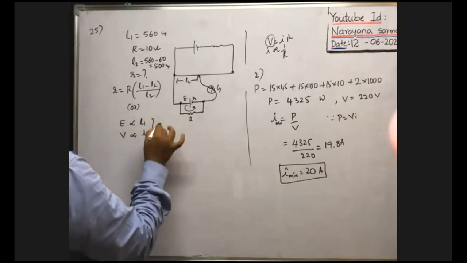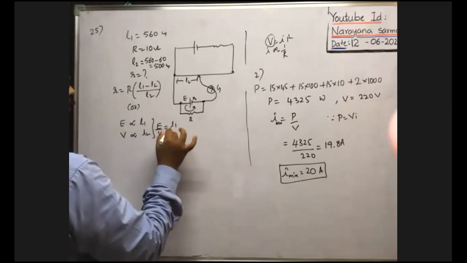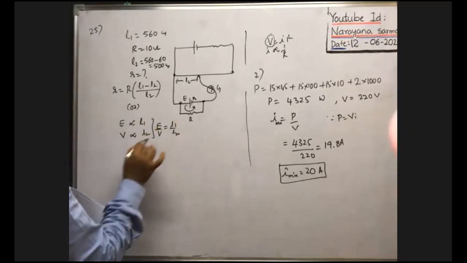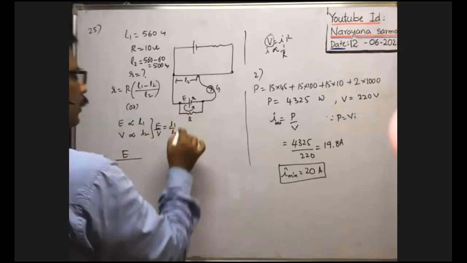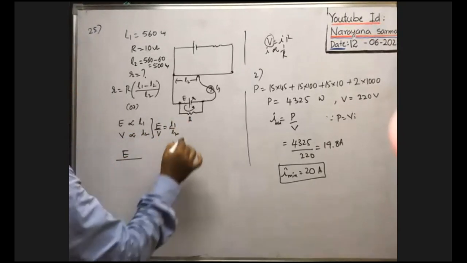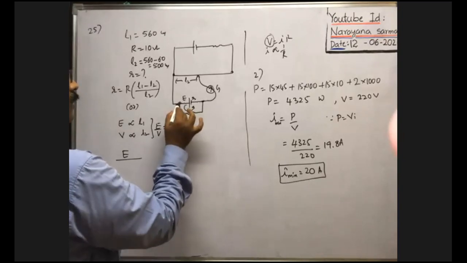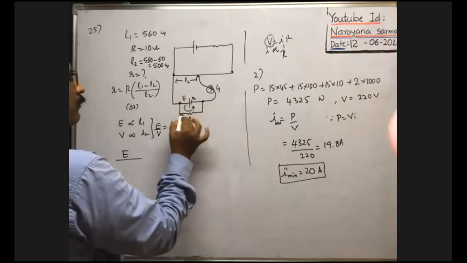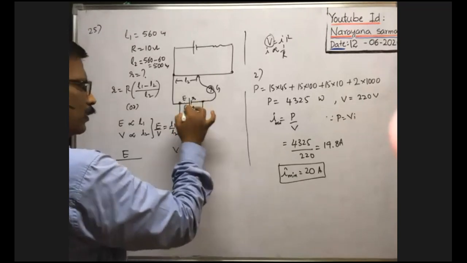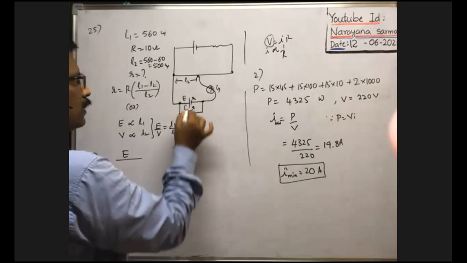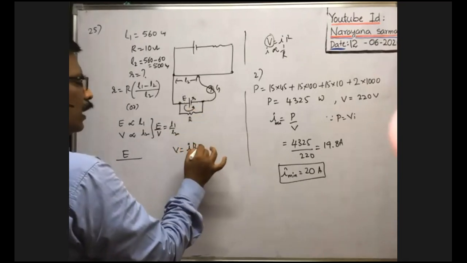Then you divide these two. E by V is equal to L1 by L2. What about V? V is equal to IR, no? V means the potential difference between the two terminals of the cell or across the resistance. That is equal to the current passing through the circuit, I, into resistance R. What about I?